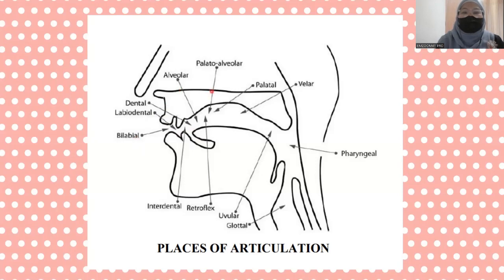And then alveolar, palatal alveolar means the tongue touches your hard palate, as well as including your alveolar. Interdental, if your tongue is between the two teeth, not necessarily biting. And many more. It will be too long if I explain one by one.